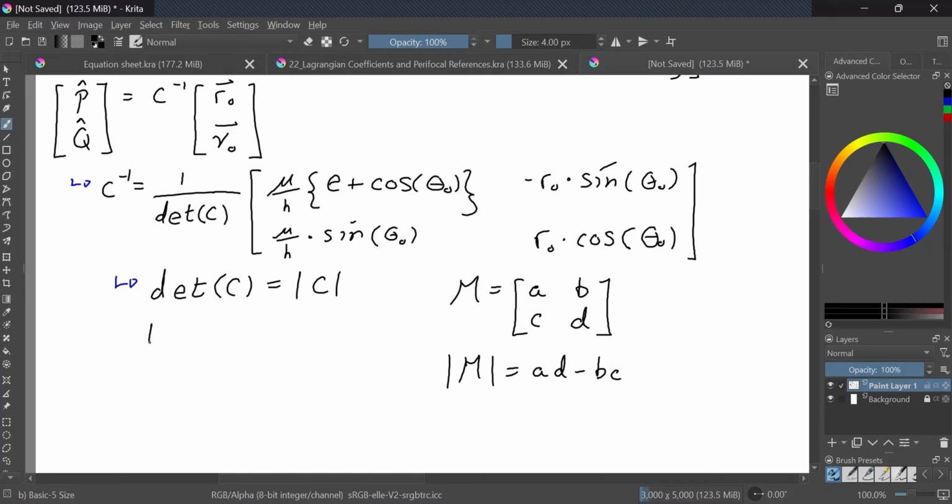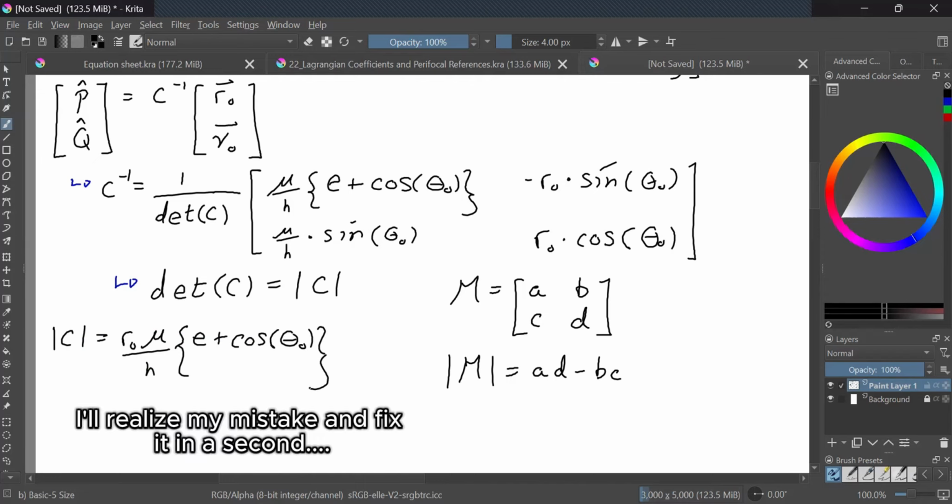So, no, I will definitely want more room. Let's do this. That's the determinant of C is equal to these two multiplied together, where we will have R naught times mu over H times the quantity of the eccentricity plus the cosine of theta naught.